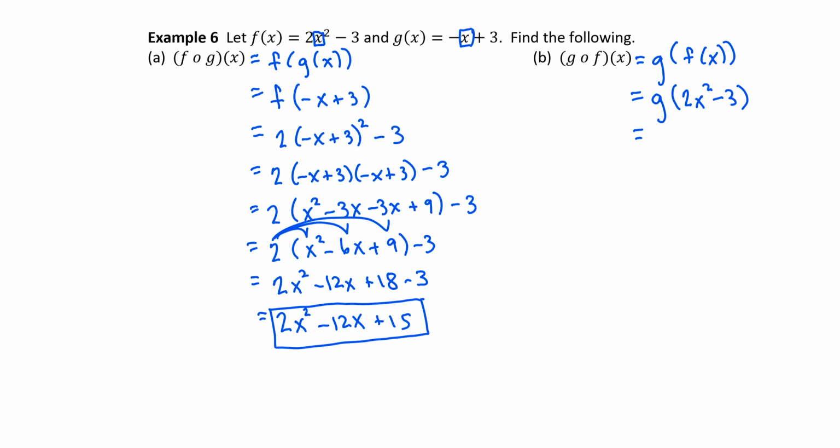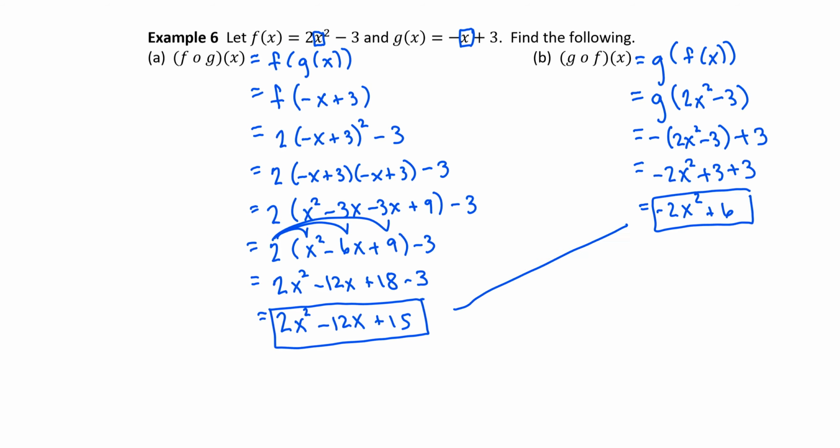I'm going to find the argument or the variable, and I'm going to plug what I have in parentheses into that blue box. So we have negative parentheses 2x squared minus 3 plus 3. In this case, we need to distribute the negative to obtain negative 2x squared plus 3. And combining our constants, we have negative 2x squared plus 6. And that one was much easier.